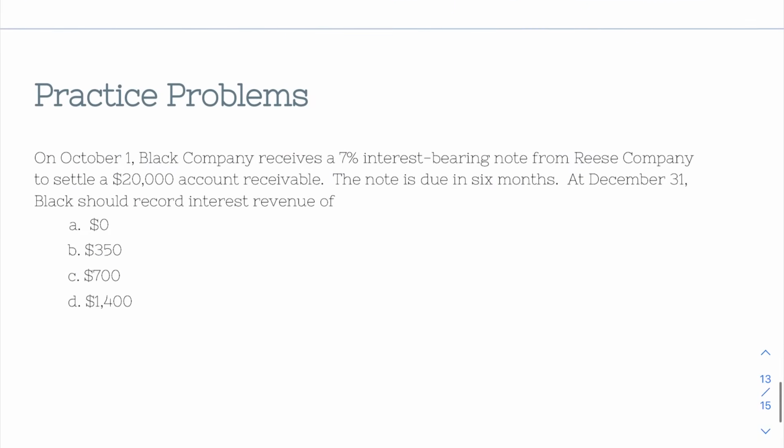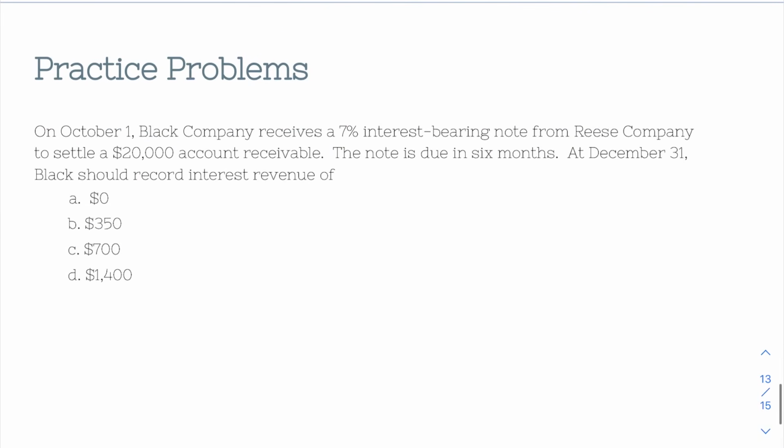And then lastly, we have on October 1st, Black Company receives a 7% interest-bearing note from Reese Company to settle a $20,000 accounts receivable. The note is due in 6 months.